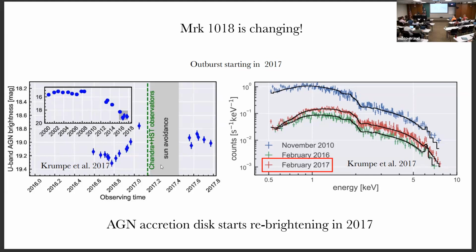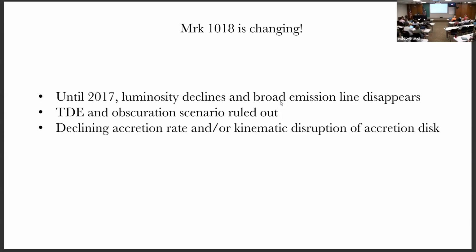And this X-ray spectrum on the right-hand side, the blue and the green are the two previously obtained spectra, but the red spectrum is newly obtained around 2017, when this system starts to brighten. So the X-ray spectrum itself has a little bit higher flux density than the previous 2016 data point. So the overall story based on the paper is that, okay, until 2017, the luminosity declines and the broad emission line disappears. And the TDE and the other obscuration scenario is ruled out.